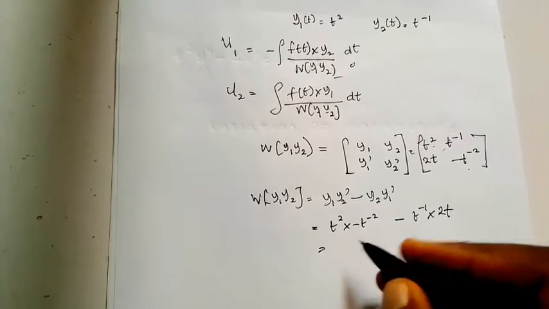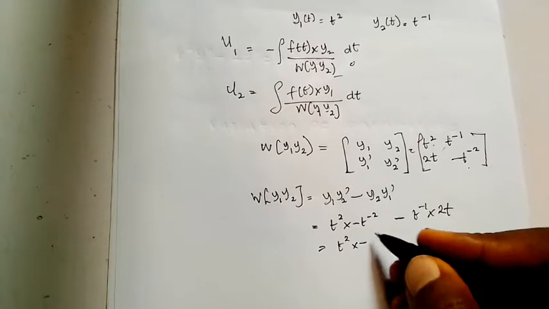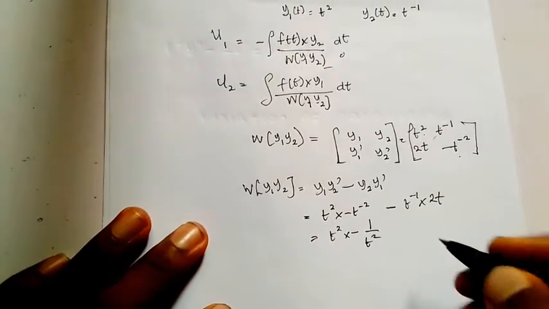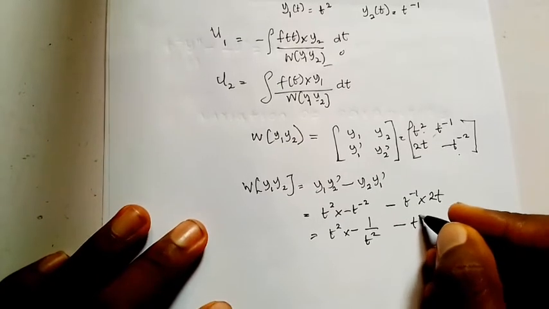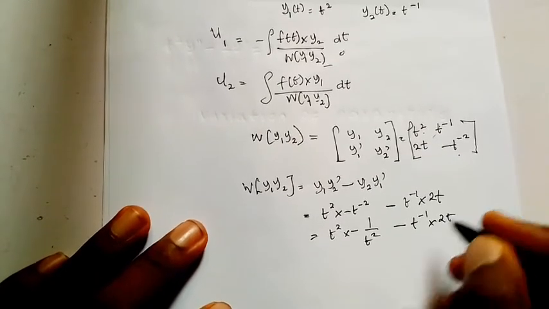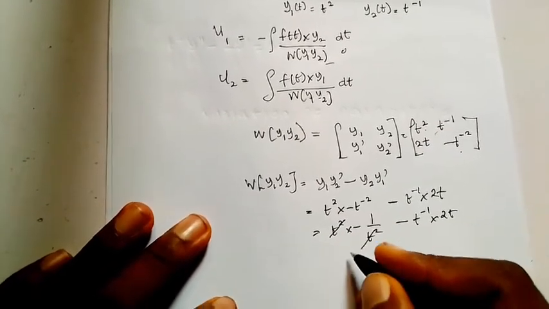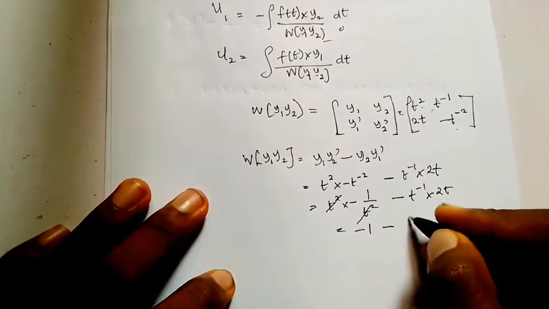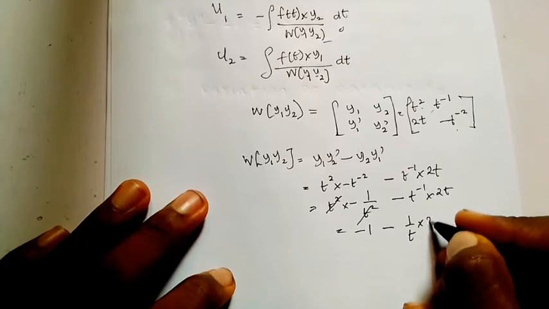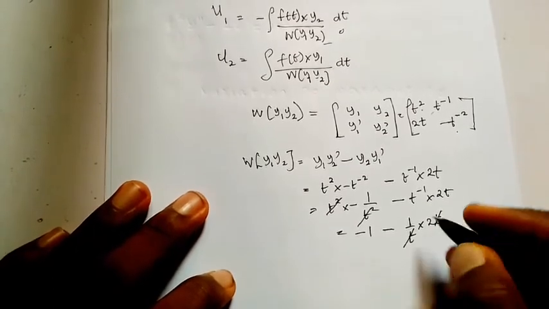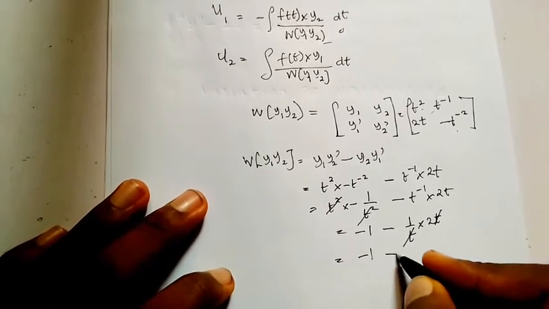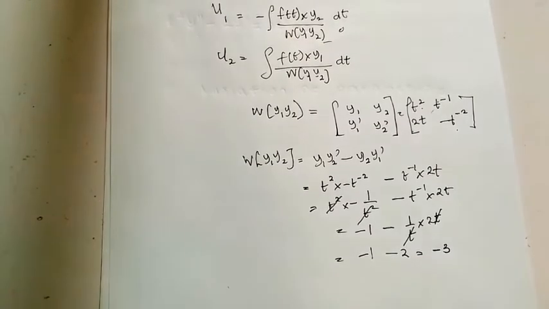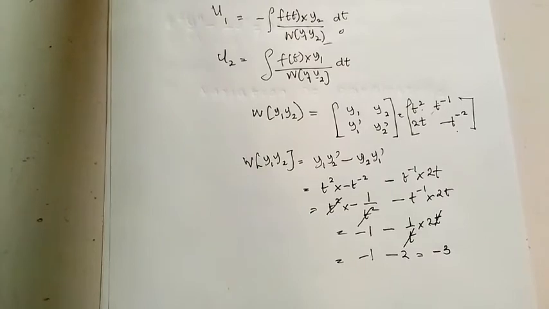Now t raised to power minus 2 can also be written as 1 divided by t raised to power 2, minus t raised to power minus 1 times 2t. So this will cancel this. We are left with minus 1 minus, now this t raised to power minus 1 can also be written as 1 over t times 2t. This also cancels this. So we are left with minus 1 minus 2, which gives me minus 3. So this is the Wronskian of y1 and y2.